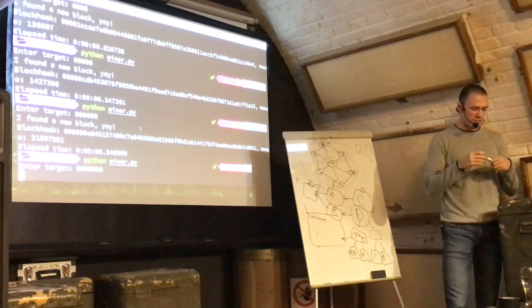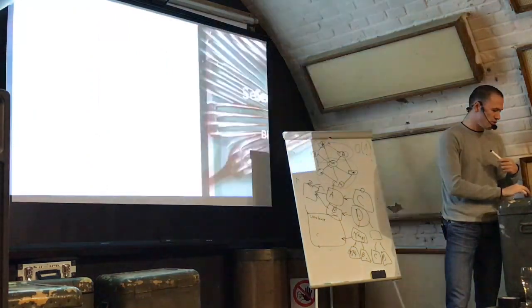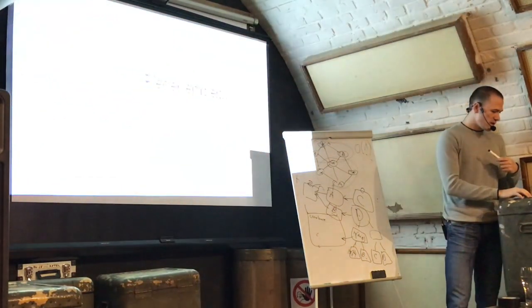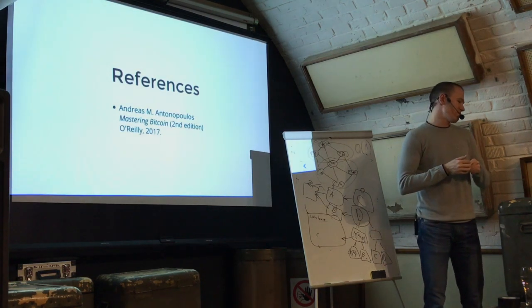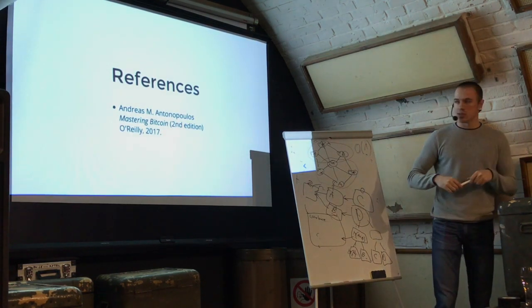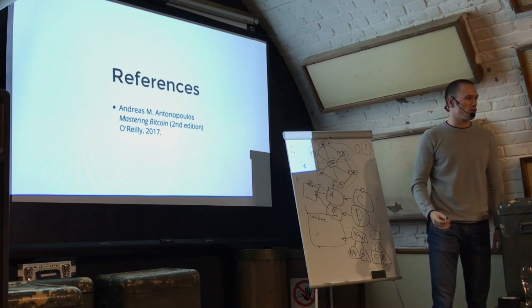Okay. So for the last part, I just want to recommend a book. This is a book I learned a lot from. It's by Andreas Antonopoulos. It's called Mastering Bitcoin.